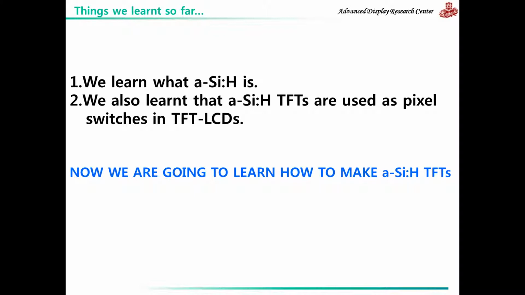So, what have we learned so far? We have learned what amorphous silicon is. We also learned that amorphous silicon TFTs are used as pixel switching elements in TFT LCDs. Now we are going to learn how to make amorphous silicon TFTs.